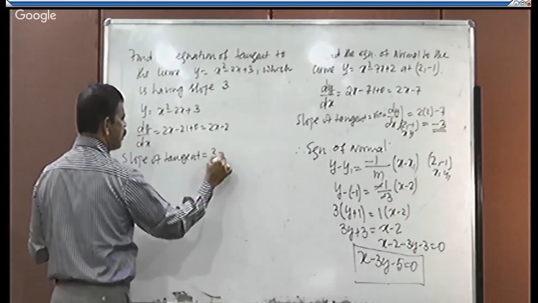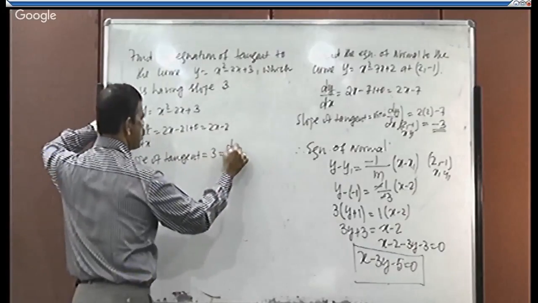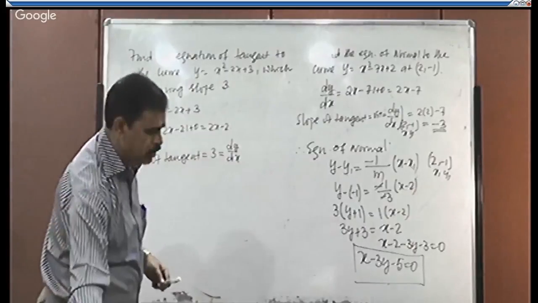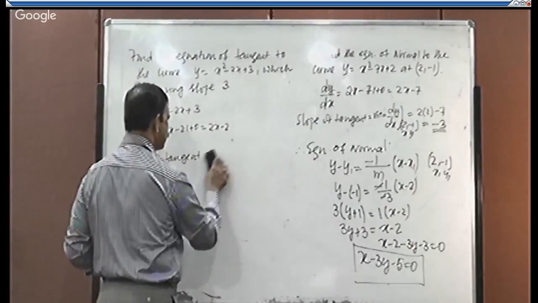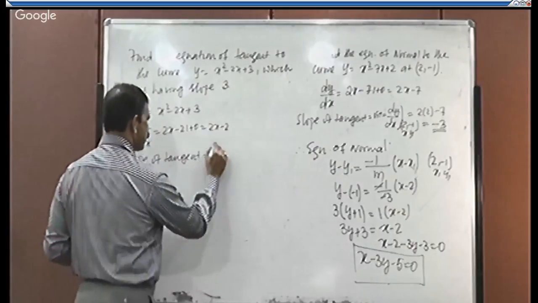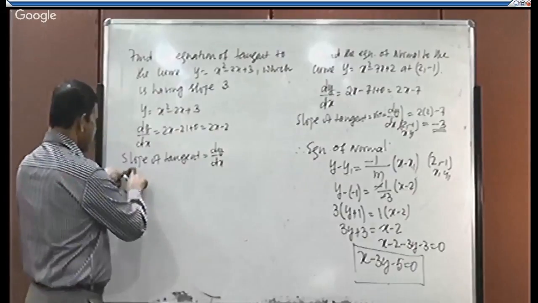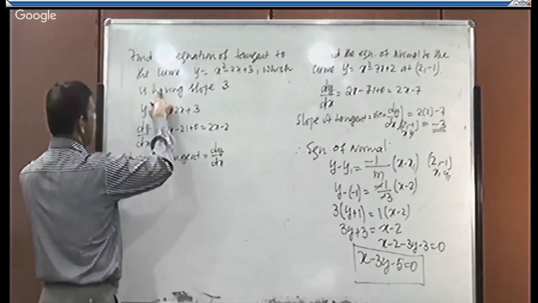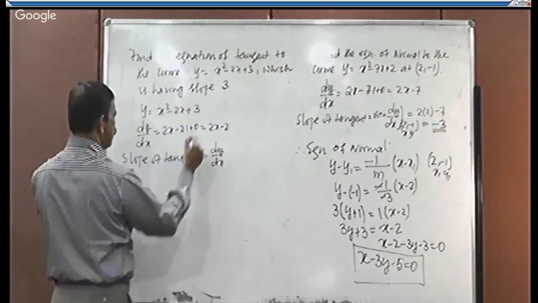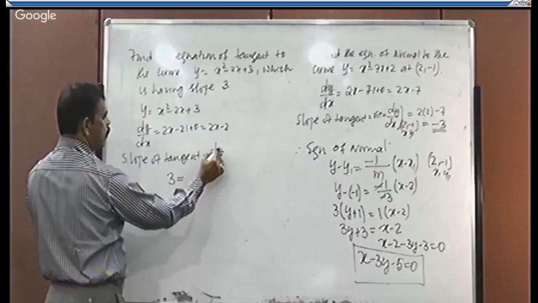What it means? Slope of tangent is also taken as dy by dx, correct? They have given slope of tangent is 3, so take 3 is equal to dy by dx.